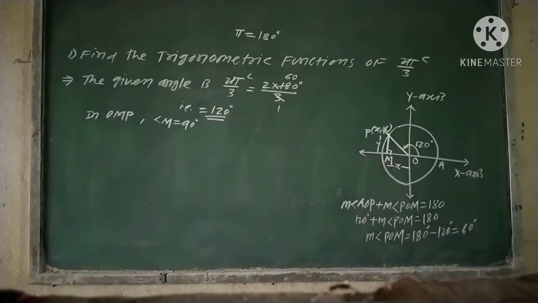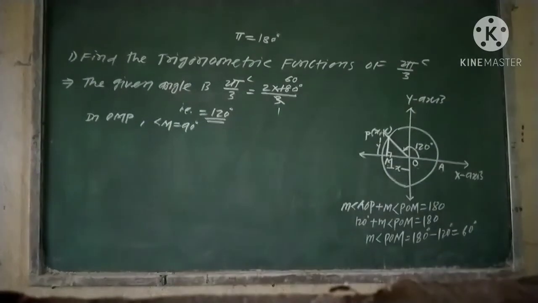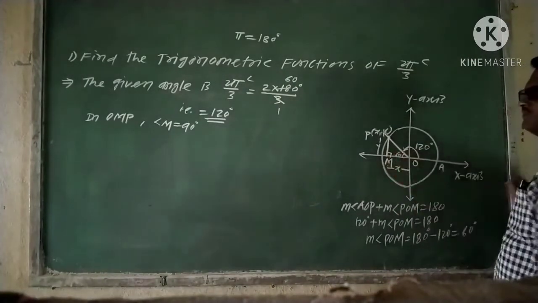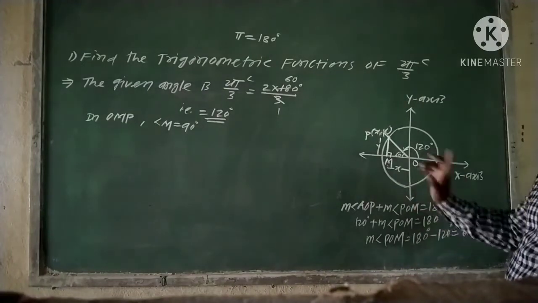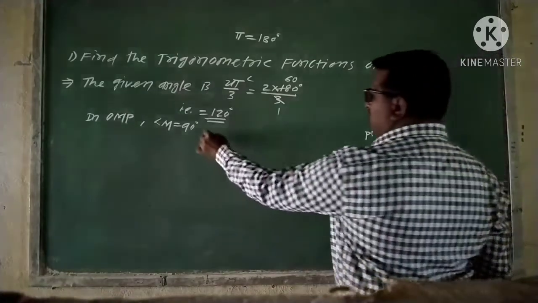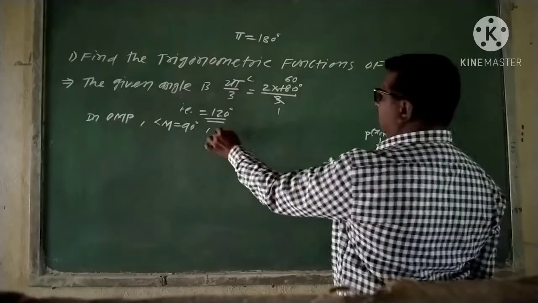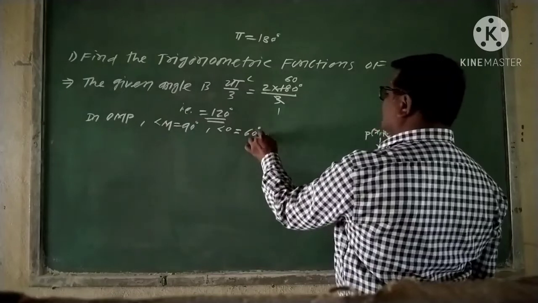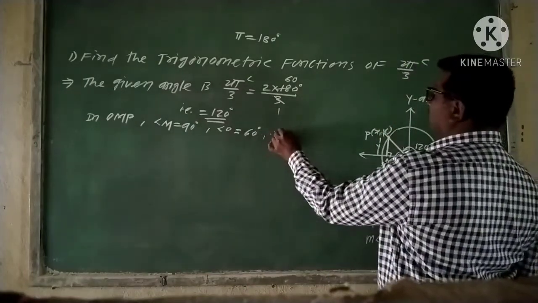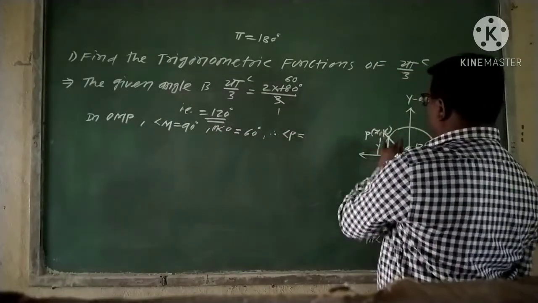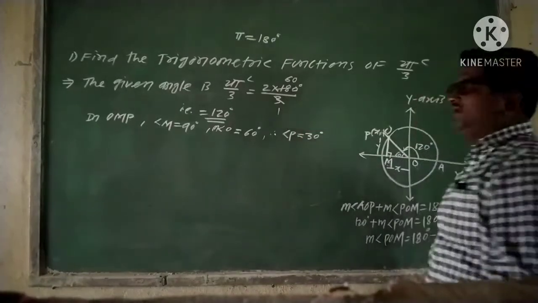So in this triangle, the measure of angle POM is equal to 60 degrees. Now for the remaining angle, by the construction of this figure, the angle O is equal to 60 degrees, so the measure of angle P is equal to 30 degrees.